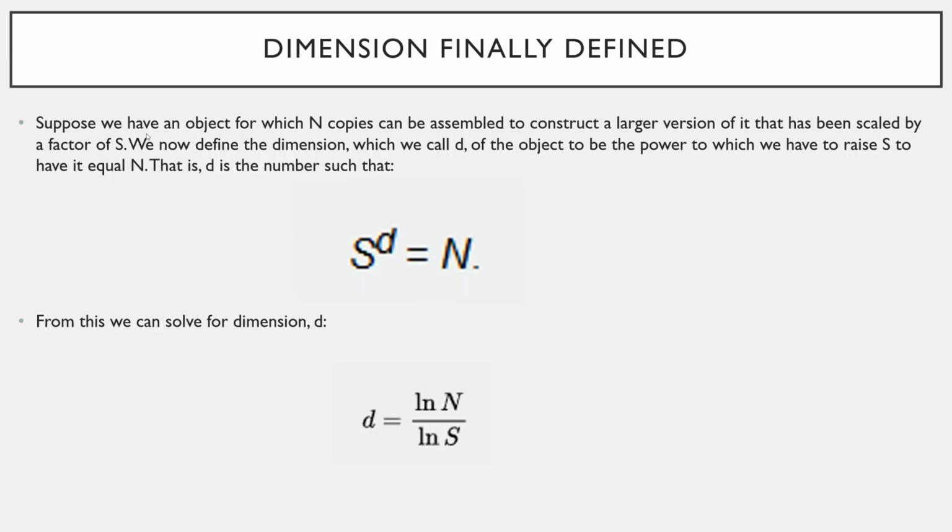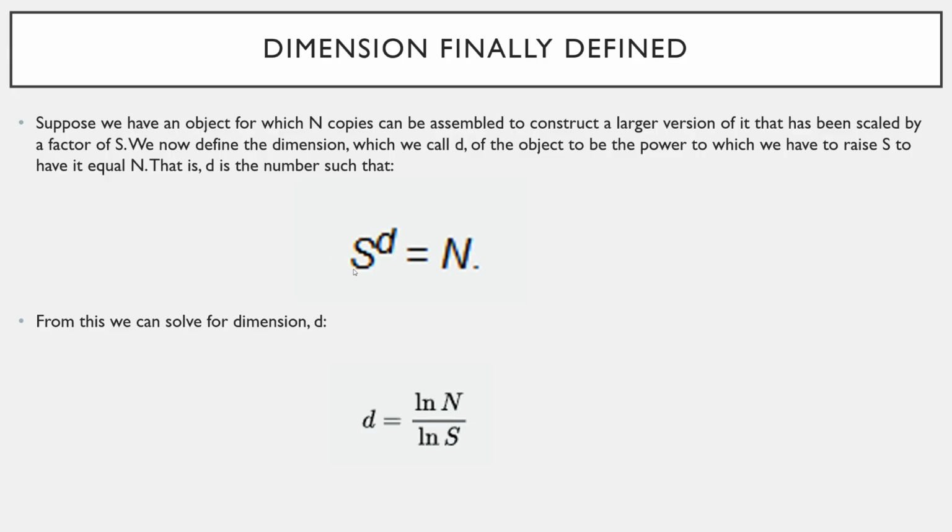All right. So we have an object for which n copies can be assembled to construct a larger version of it that has been scaled by a factor of s. We can now define the dimension, d, of the object to be the power to which we raise s to have it equal n. So what we've seen here is the scaling.